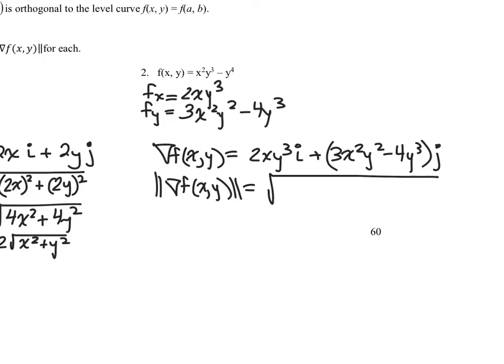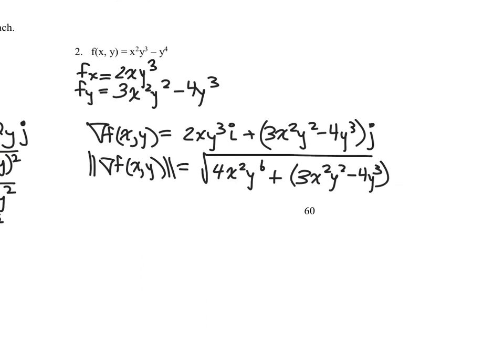I'll just do that on the fly. 4x squared y to the 6th plus, I'm just going to write that binomial again with a power of 2. Just like the fourth order partial we did before, you would ask why would I distribute that out?